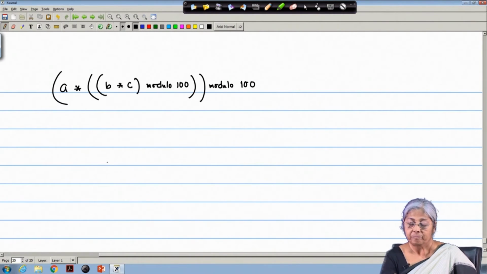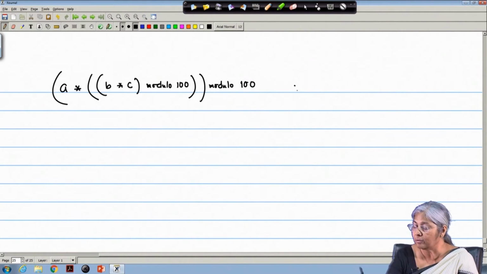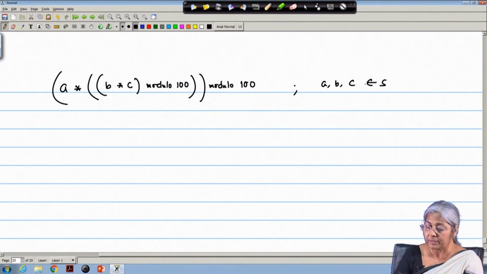That means I am first multiplying B and C, and all my A, B, C are 2-digit numbers. So, since it is closed, B star C modulo 100 again will give another 2-digit number, say D.